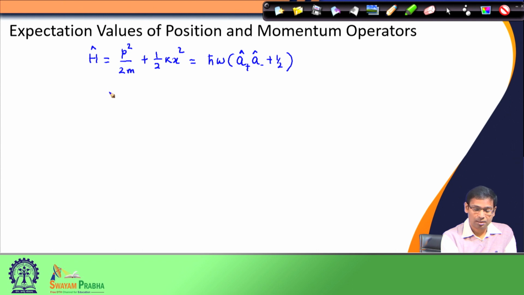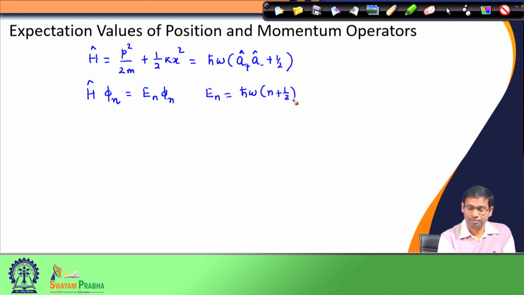We said that if phi n is the eigenfunction of harmonic oscillator, the eigenvalue is given as E n in this way.